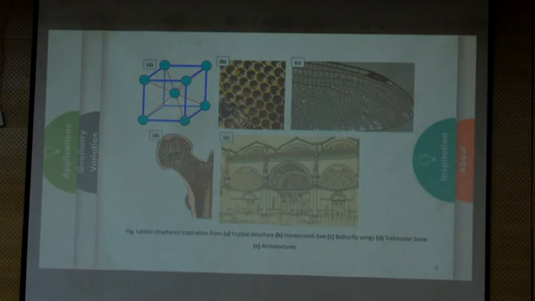And the third one? Yeah, architecture. In ancient days they built this type of architecture. Why did they put these holes, with the pattern repeating? Just for ventilation purposes, because we cannot keep everything solid, right? There is no ventilation.